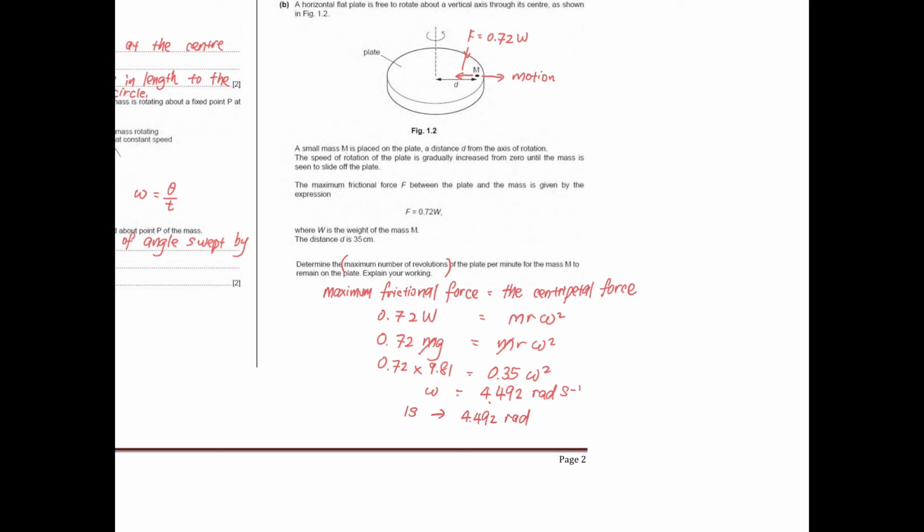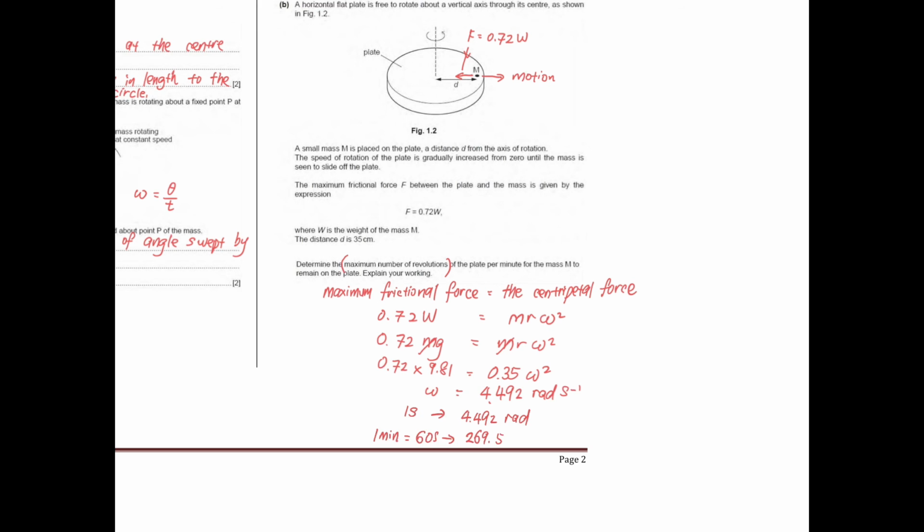So we are looking for 1 minute. 1 minute means 60 seconds. Since you times 60 to the left, so you have to times 60 to the right. You times 60 with 4.492.